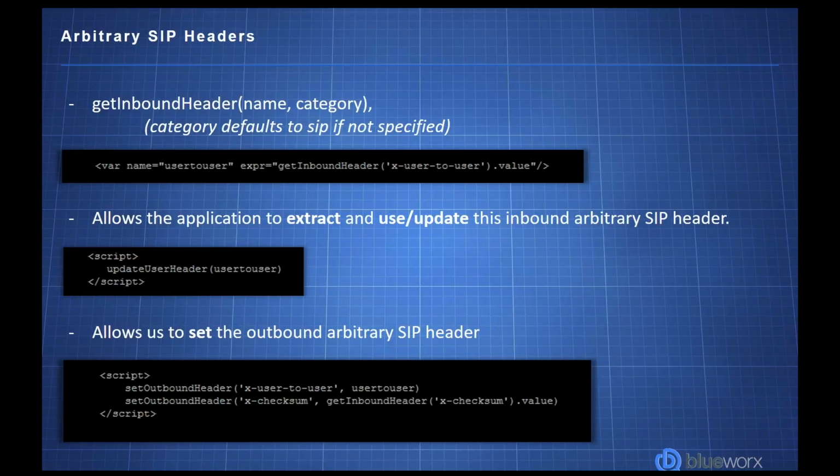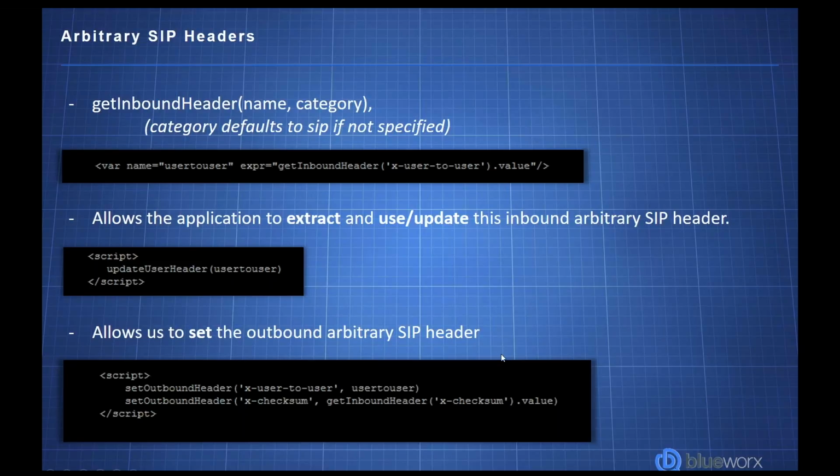We can set this into a variable named here userToUser using VXML, and then do whatever we want with it. So in this case, I've given a quite abstract function of updateUserHeader, just for simplicity. You can let your imagination decide what happens to that. But this function will use the user variable in some way, updating the supplied header value that was passed in from the initial invite request.